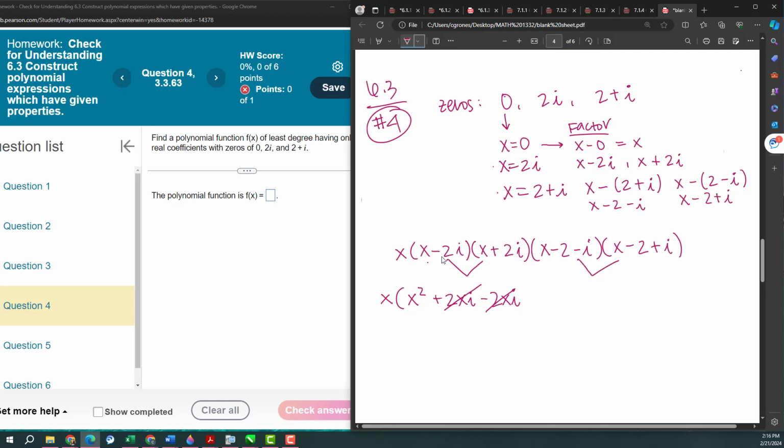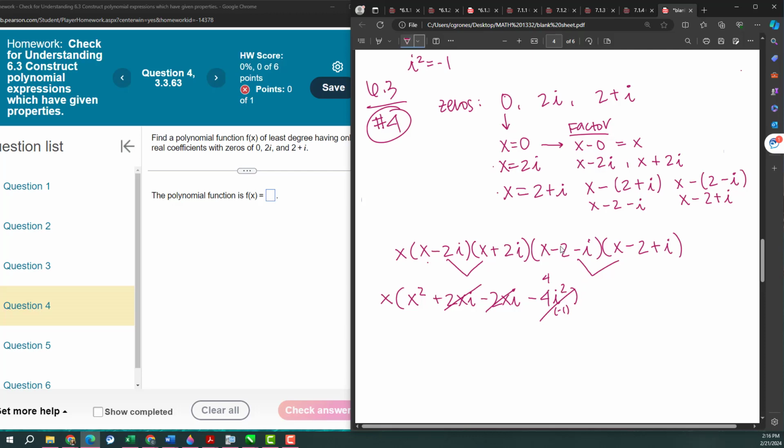And then our last, negative 2i times positive 2i, gives us a negative 4i squared. Remember that i squared equals negative 1. So negative 4 times negative 1 is going to be a positive 4 that we are left with. So I'm just going to put 4 right here.